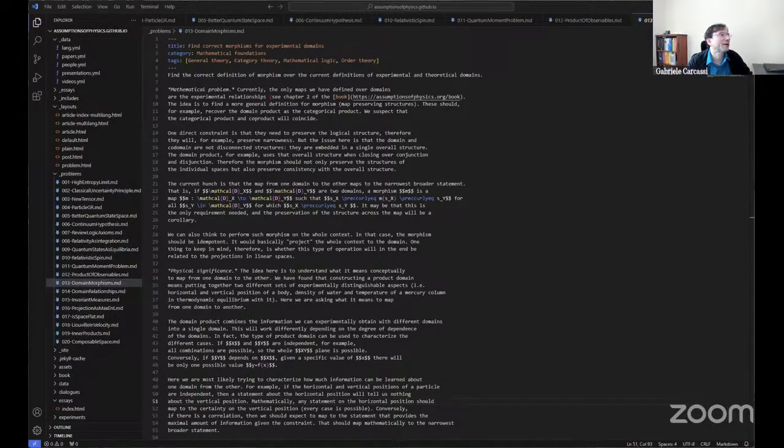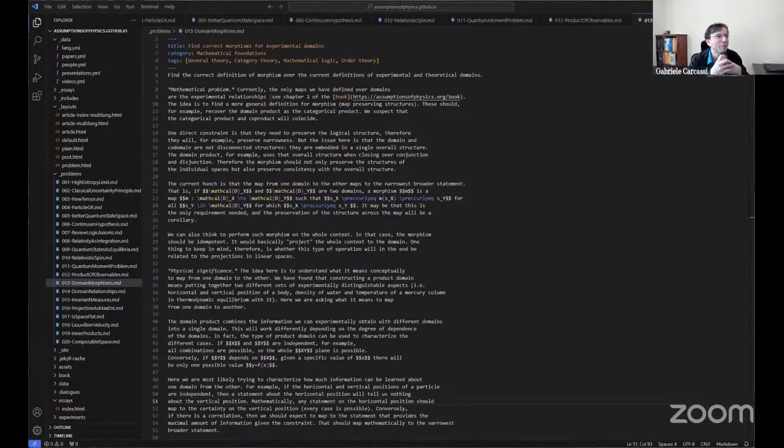So find the correct definition of morphism over the current definition of experimental and theoretical domain. And a mathematical problem, currently the only maps we have defined over domains are experimental relationships. And experimental relationships essentially are things where you have two domains and you know that one domain tells you what the other domain is.